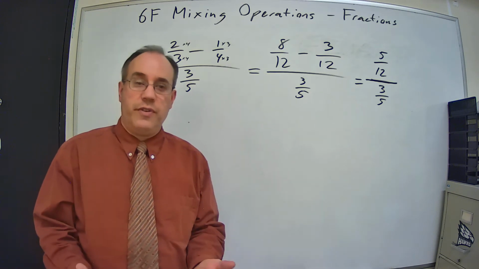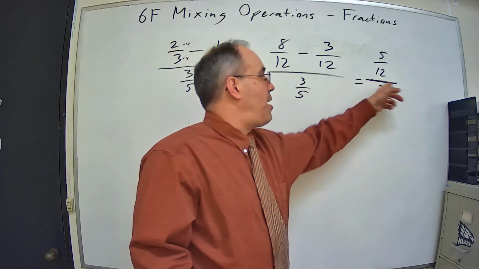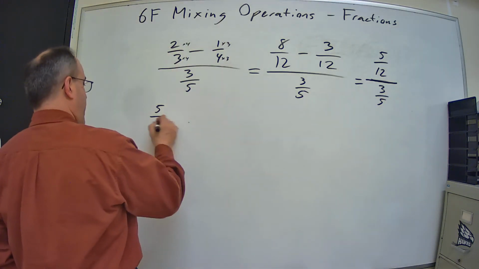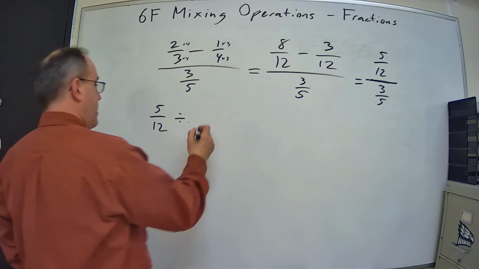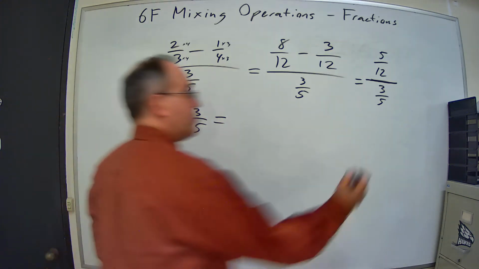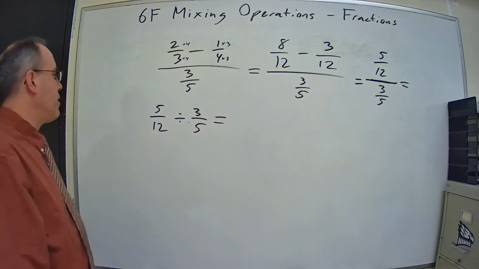Now we're going to do division. I'm going to rewrite this as a division, not with the line, but actually with the division symbol. So 5/12 divided by 3/5. Let me just put an equals over here to make it a continuation.